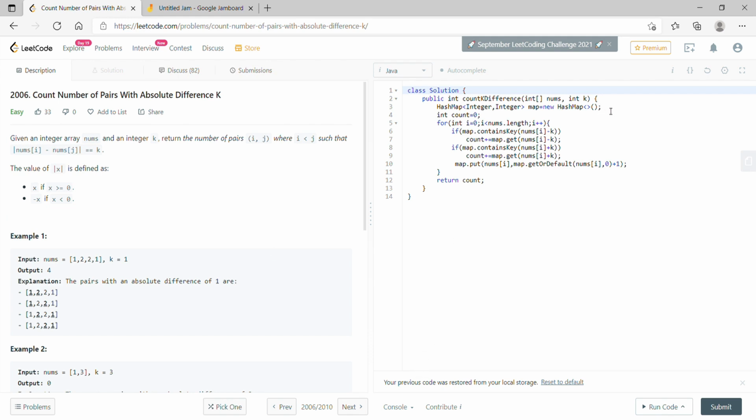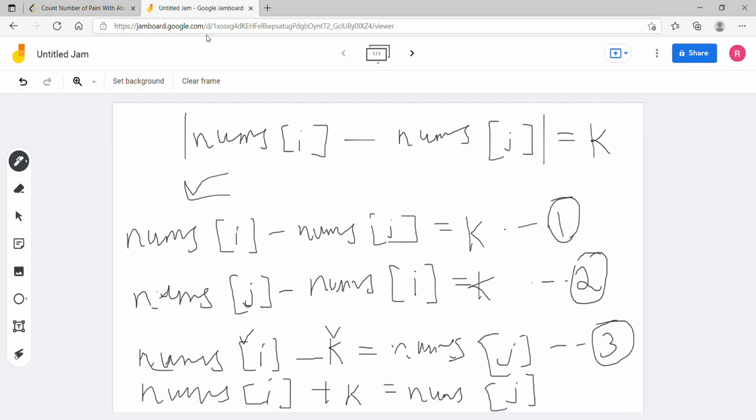So first I am using this hash map, so for every element it will count its frequency. First of all, when I'm getting to an array element, I'm checking whether nums i minus k is present in the map or not. If you look at the left side of the equation, this is the first equation I'm using. So if nums i minus k is present, that means nums j should form a pair with nums i.